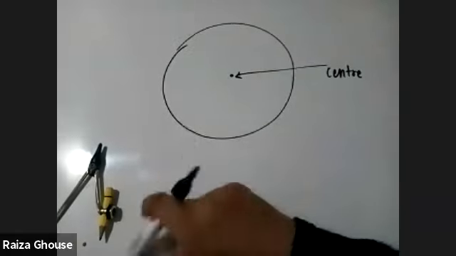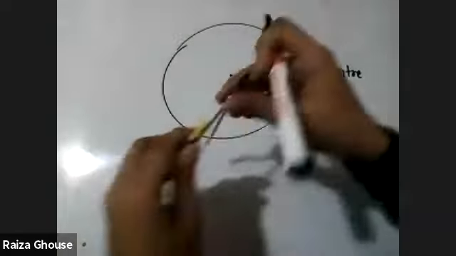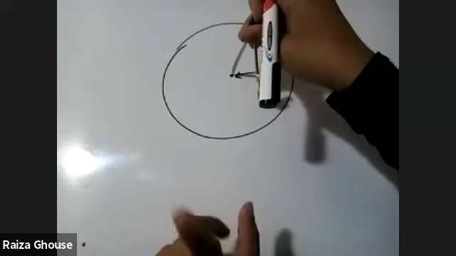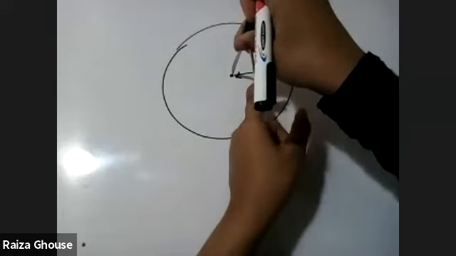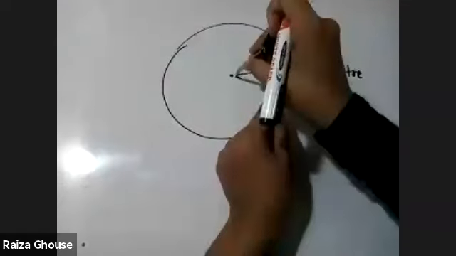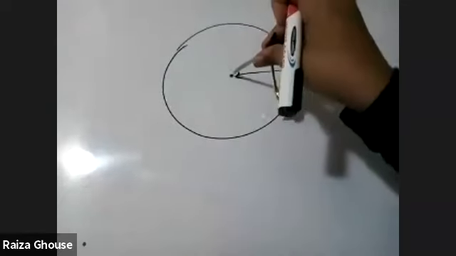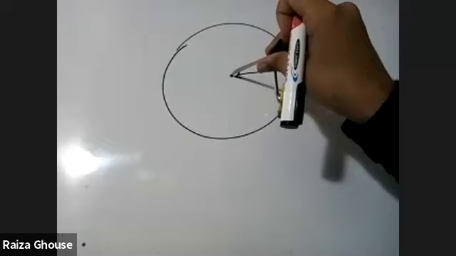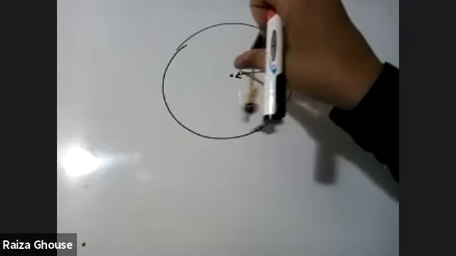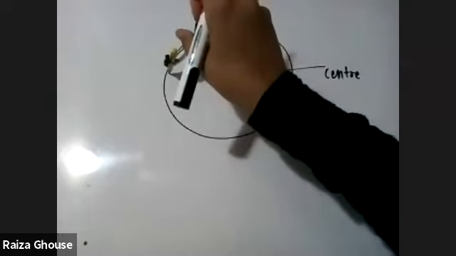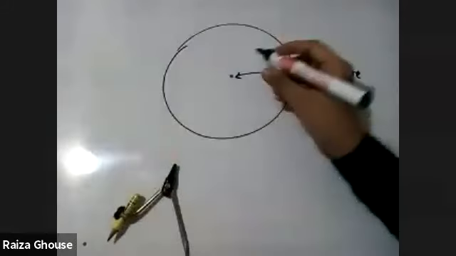And the distance that you have between the center, listen carefully, and any part of the circle, from the center to any part. This is a little bit big circle here. This distance is called as the radius. If you keep from the center to any part on the circle, you will get the radius.